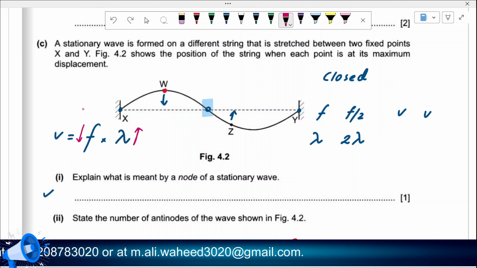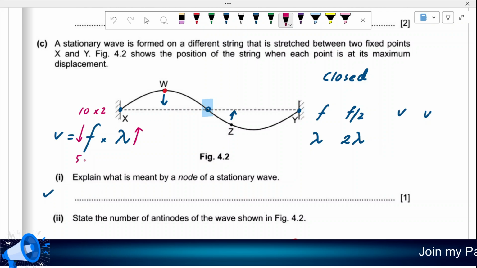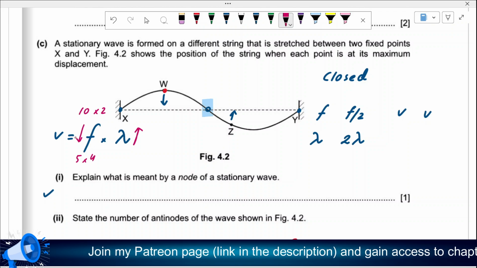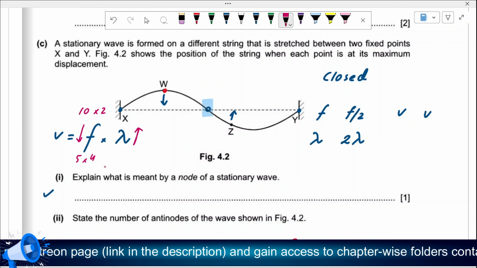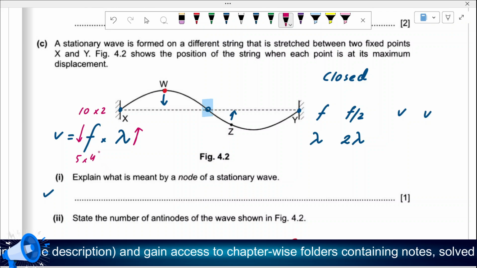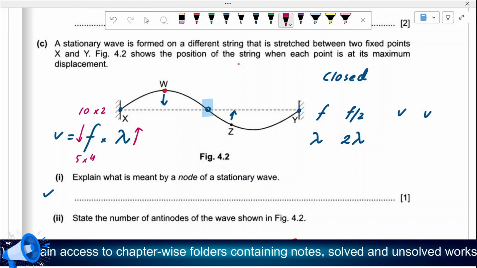For example, let's say the frequency were 10, wavelength were 2. Now you have reduced the frequency to half. Now frequency is 5. The other thing has to be 4, only then the speed can be the same, which is 20 in this case. So the wavelength has to be doubled.